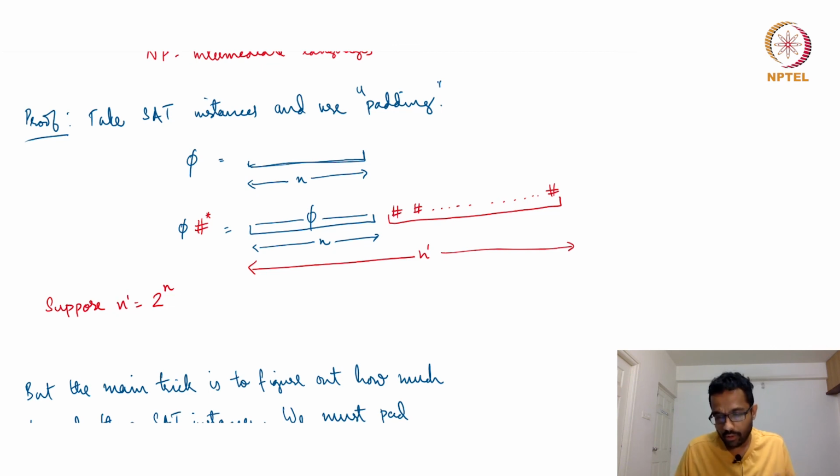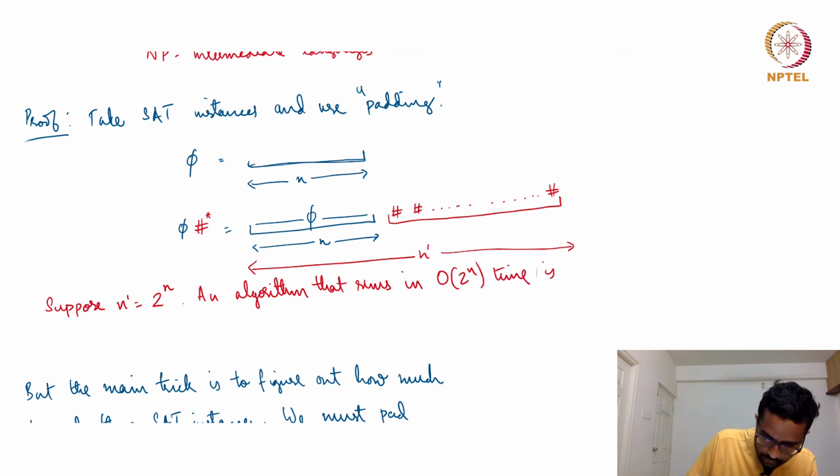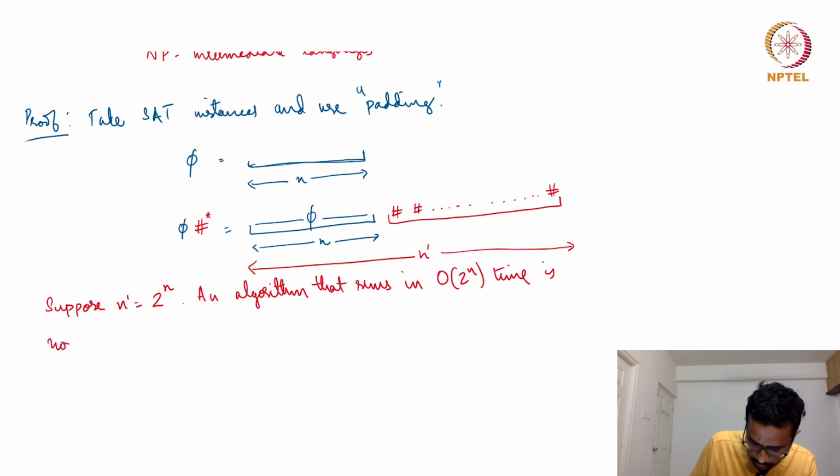Now an algorithm that runs in order 2 power n time is linear in this. So an algorithm that runs in order 2 power n time is now a linear time algorithm.